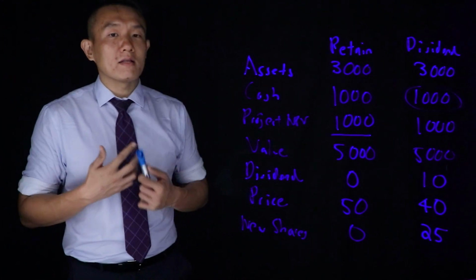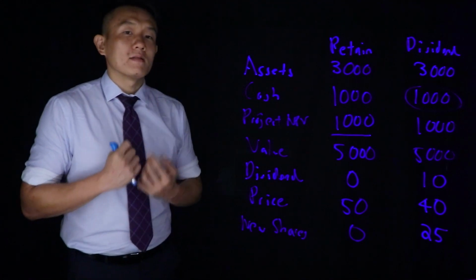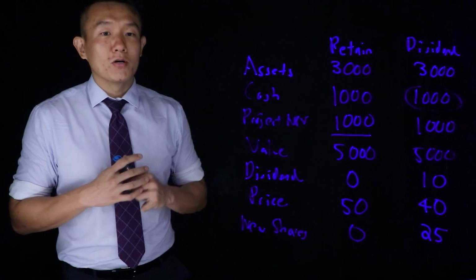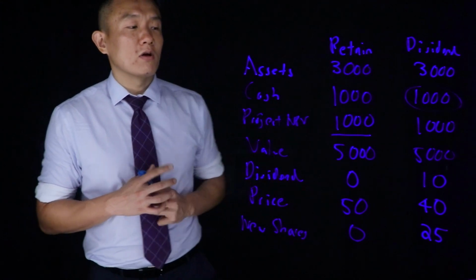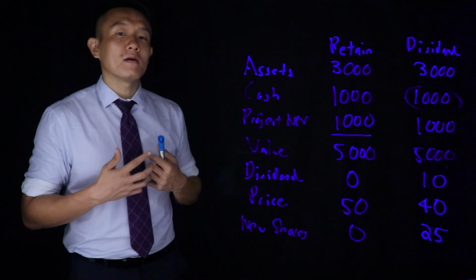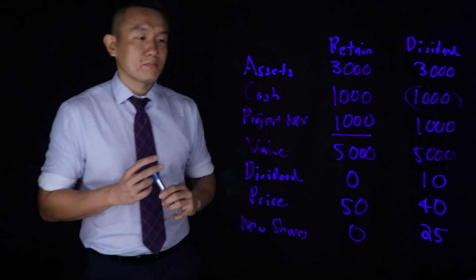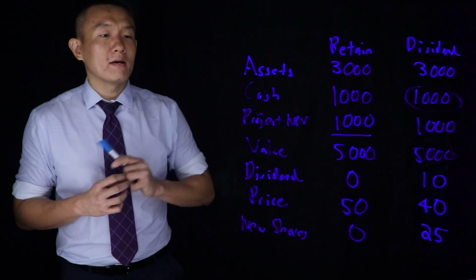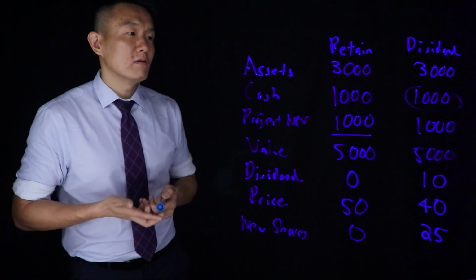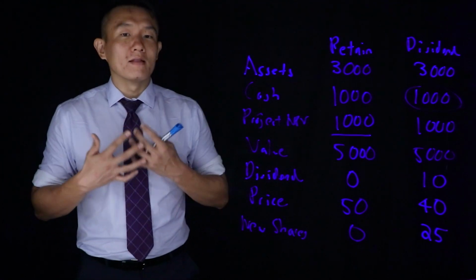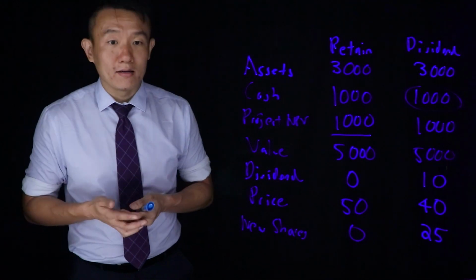However, let's imagine that shareholders wanted the dividend. So, if the firm chose not to pay the dividend, but shareholders wanted a dividend, how could they replicate that? Well, they could replicate a dividend by selling some proportion of their shares to get a payoff now, and so they'll have less equity, but they'll get a payoff today as if they had gotten a dividend.